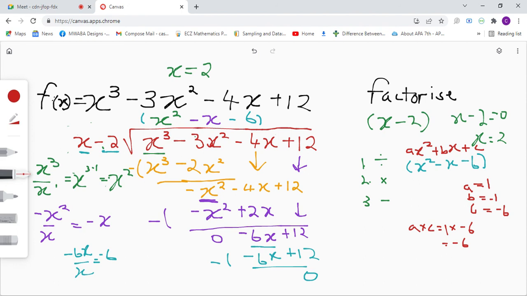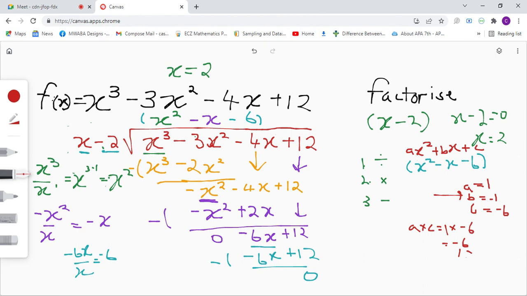Now we look for two numbers that when you multiply them, you get negative 6, and when you add them, you get negative 1.